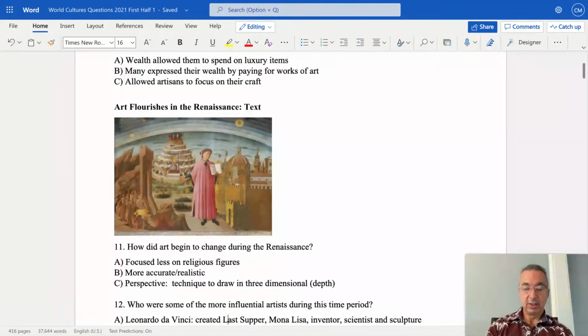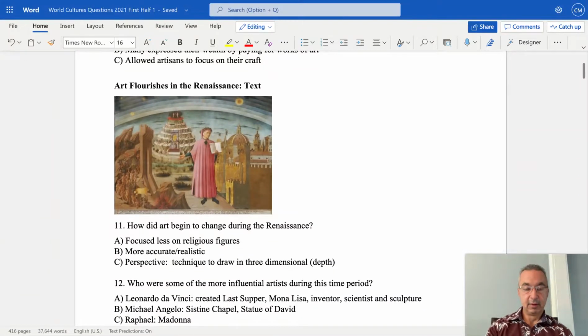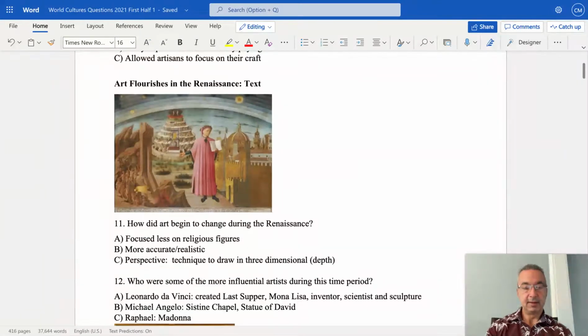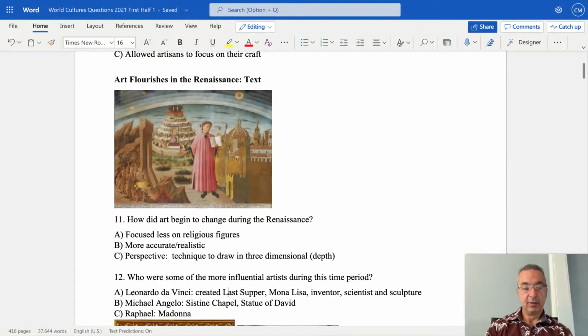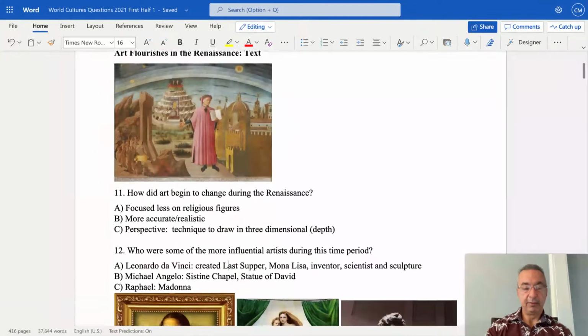In addition to being a painter, he was an inventor, a scientist, a great sculptor. Michelangelo, Sistine Chapel, the Statue of David. Raphael, famous for painting Madonnas. A Madonna is a painting of the Virgin Mary, who, according to religious teachings, is the mother of Jesus.